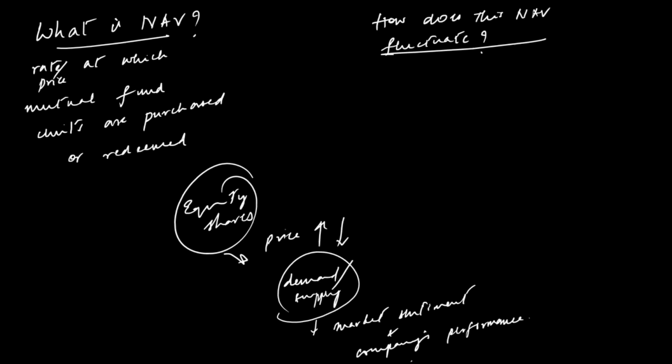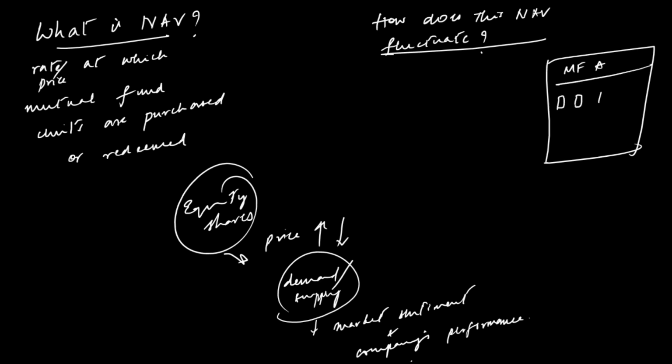So, how does mutual funds NAV change? So, what is a mutual fund? Now, let us see. This is mutual fund A, okay, and it is holding so many stocks. Together they are called mutual funds portfolio. Every day based on demand and supply, all these stocks will fluctuate, right?